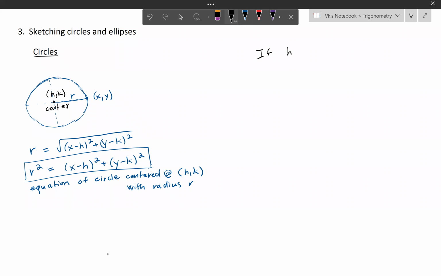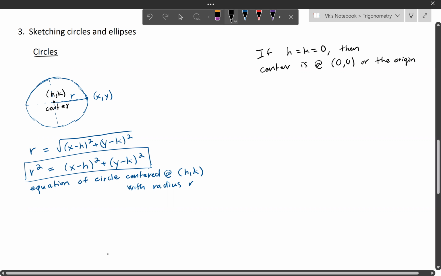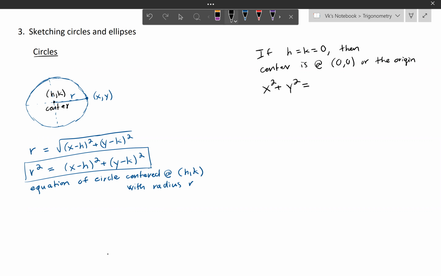If h equals k equals 0, then the center is at the point (0, 0), or the origin. And then from here, the equation of the circle becomes x squared plus y squared equal r squared.